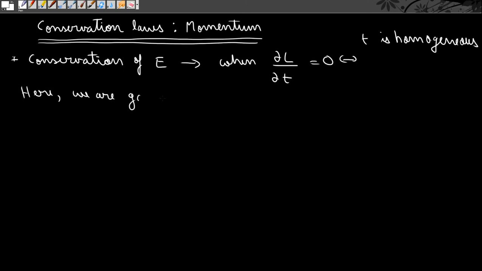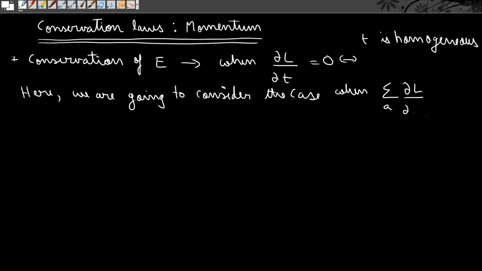when summation over a dou L by dou Ra vector is equal to 0. Here Ra is in the Cartesian coordinates.